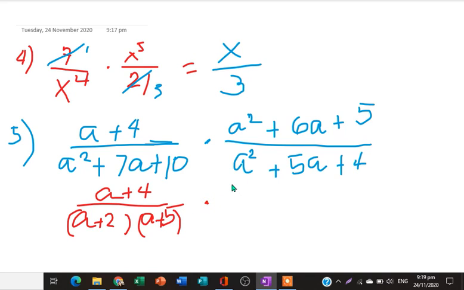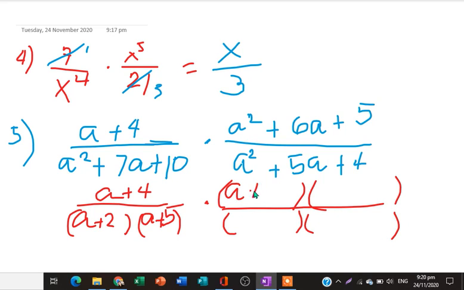Times, so we have factor over factor. So, we have a squared, a plus, so factor of 5, when you add, that becomes 6. So, we have 1 and 5. Because 1 times 5 is 5. 1 plus 5 is equal to 6.